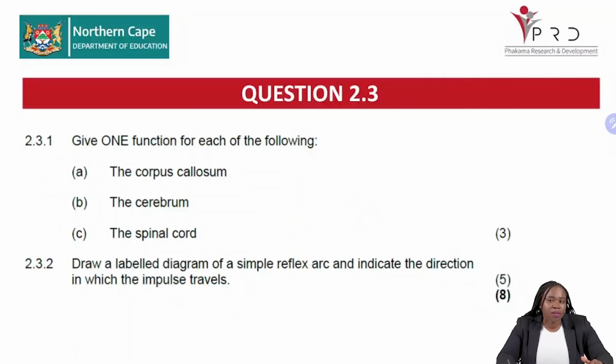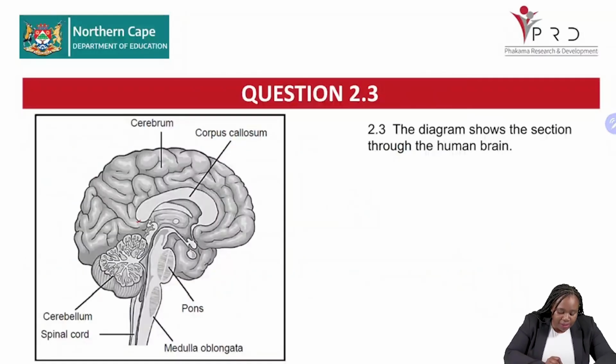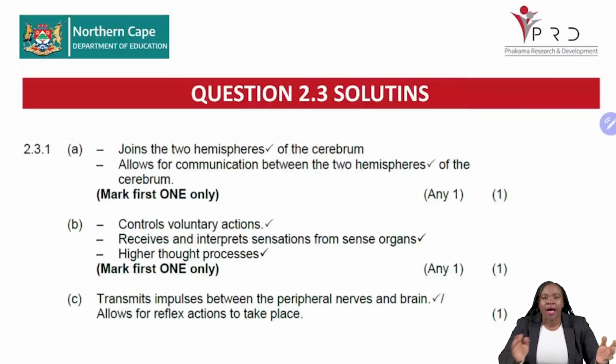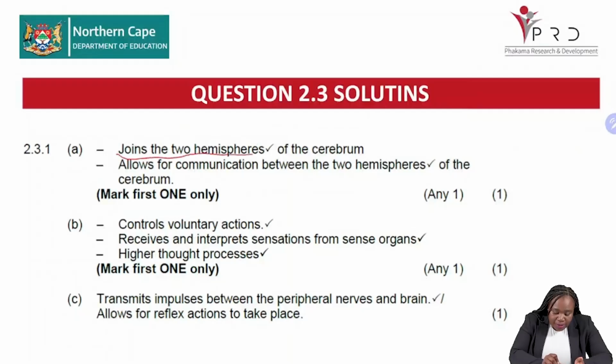So with the corpus callosum, which is what we are seeing here, this is the part that is responsible for having that connection between the two hemispheres of the cerebrum. The cerebrum, remember, is divided into two hemispheres. So it joins the two hemispheres together, and it allows for communication between those two hemispheres.